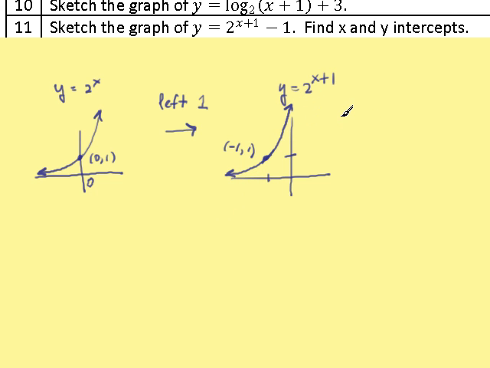And now let's do down 1, for y equal 2 to the x plus 1, minus 1. All right, so it's important to put in the new horizontal asymptote where the graph levels off. So it's going down 1, so it's going to level off at y equal minus 1.